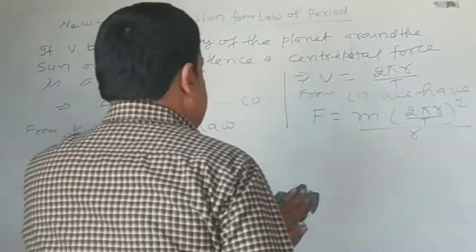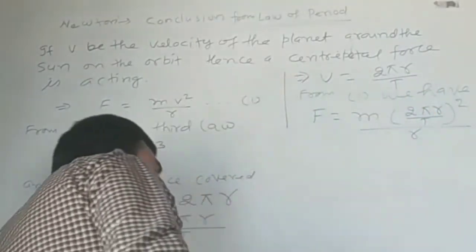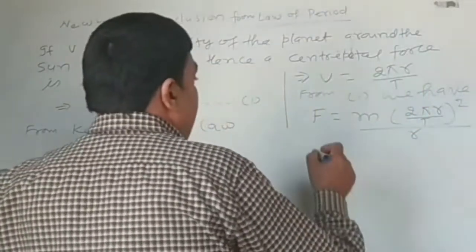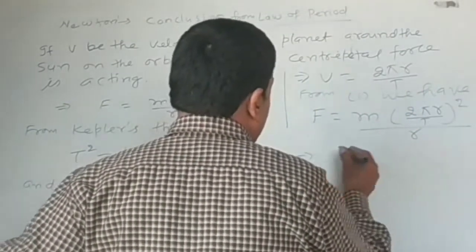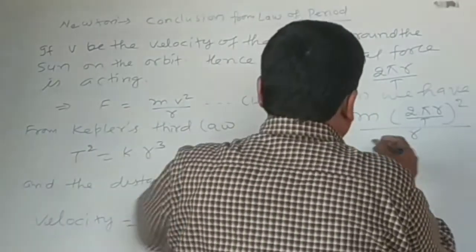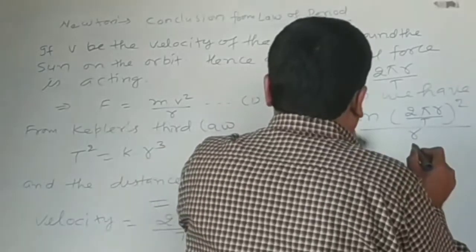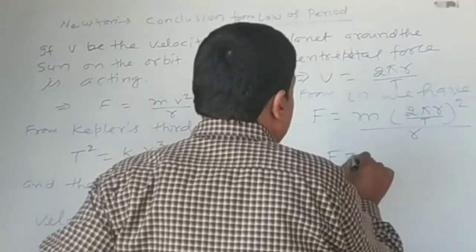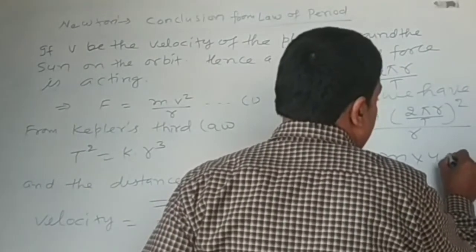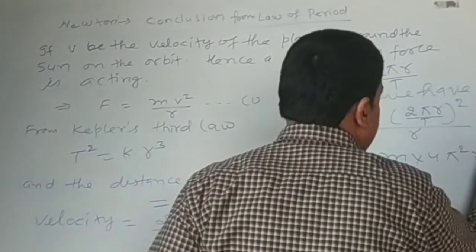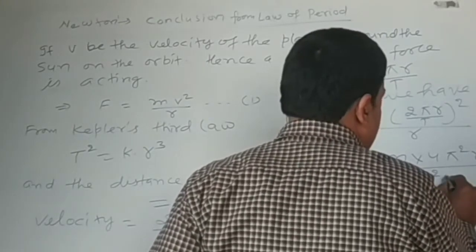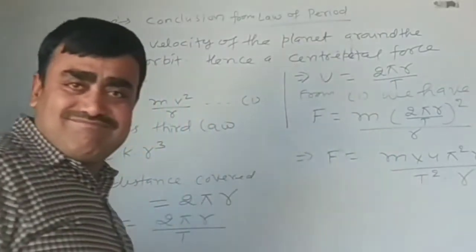That implies F is equal to m into 4 pi square r square upon T square into r.